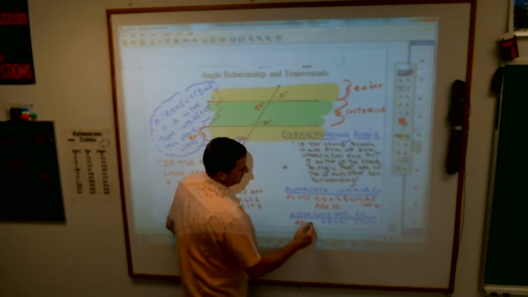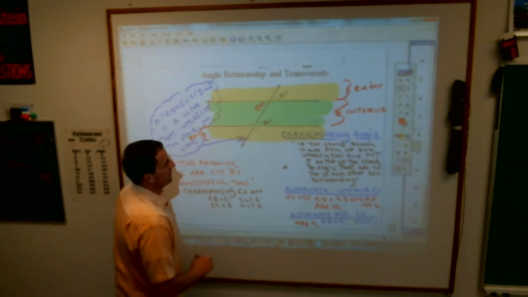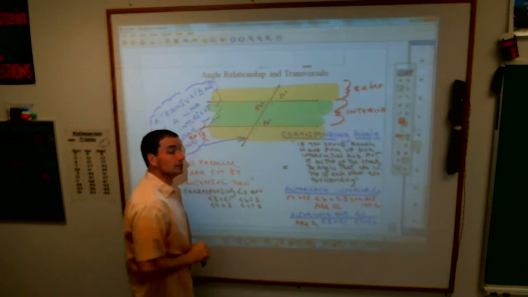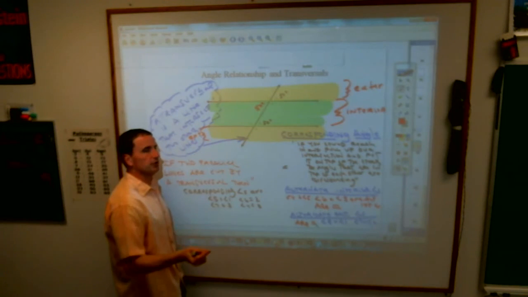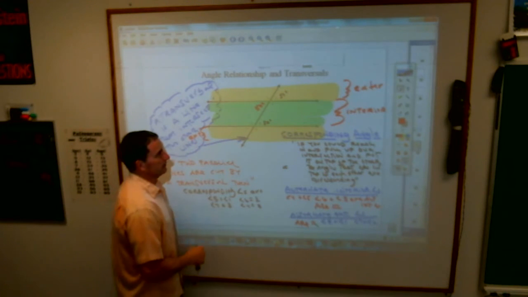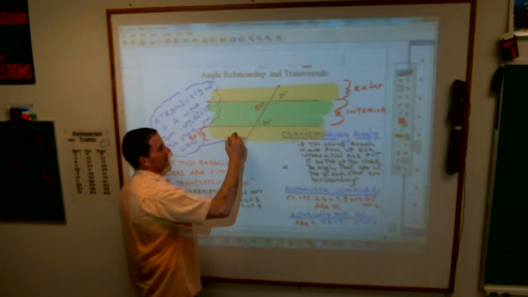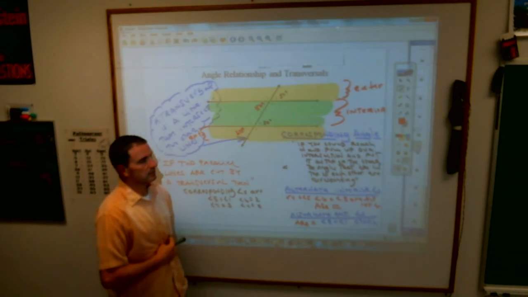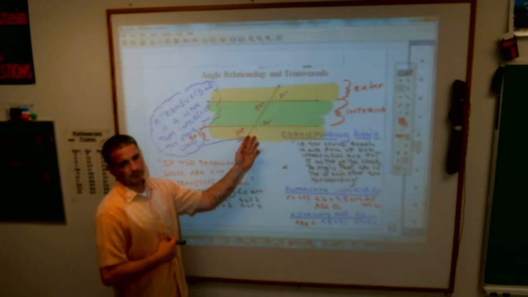They are also equal. That means if angle 2 is 50 degrees, what other angle has to also be 50 degrees? What's the other alternate exterior angle with angle number 2? Right, angle number 7. Angle 7 has to be 50 degrees. By the way, you can tell me the other angles. What does angle 8 have to be?